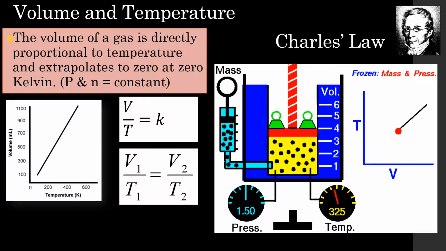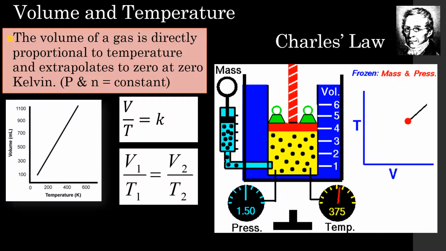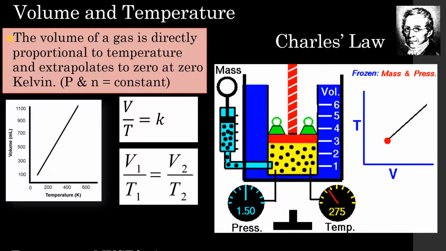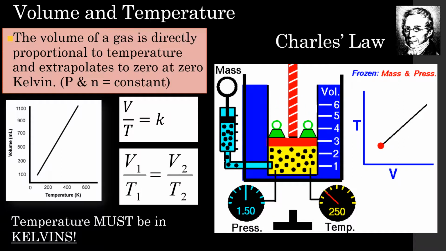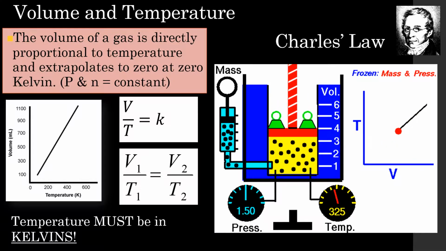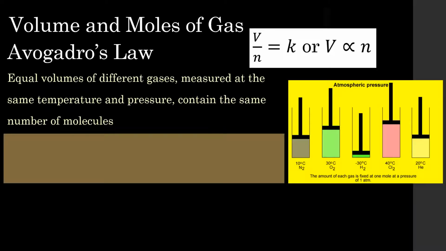We can write this as volume over temperature is a constant, or V1 over T1 equals V2 over T2. Now you can see that this is a directly proportional relationship. As one goes up, the other one goes up, or as one goes down, the other goes down. So the temperature, as I said, must be in kelvins. It does not work for degrees Celsius, and certainly not for Fahrenheit in this relationship.